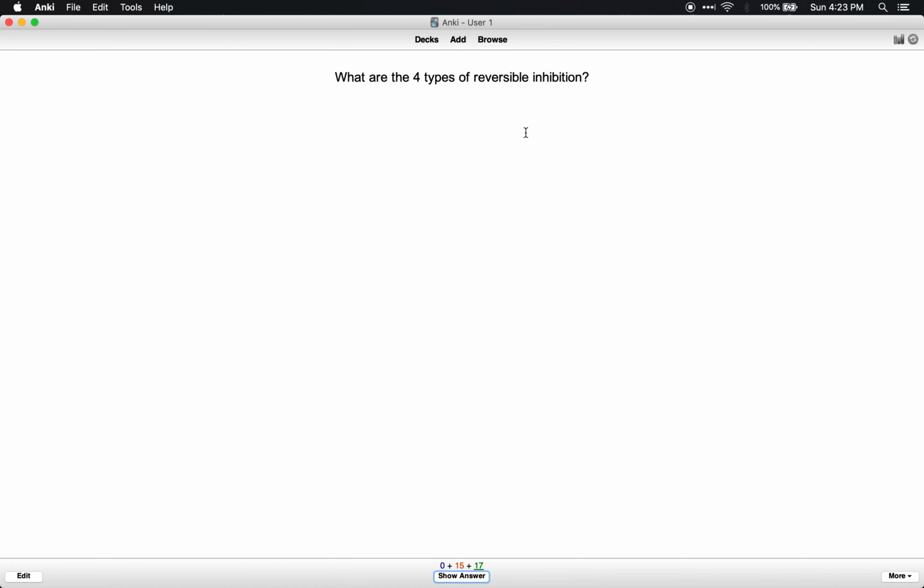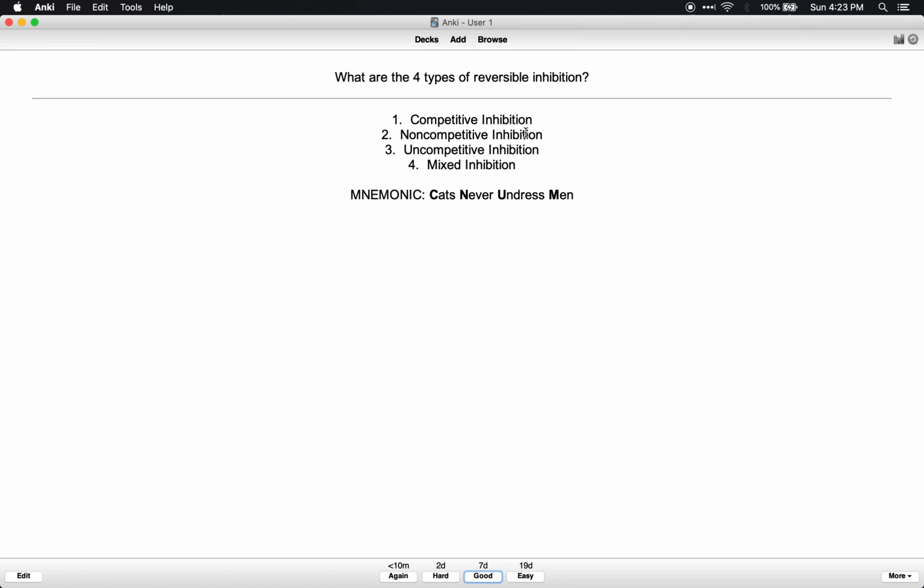Reversible inhibition. We have competitive inhibition, non-competitive inhibition, uncompetitive inhibition, and mixed inhibition. What is reversible inhibition?